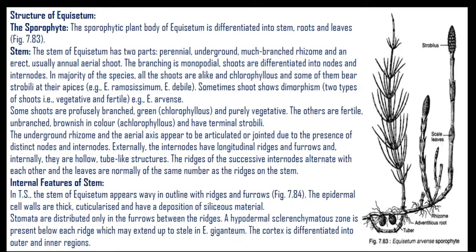Internal features of the stem. When we take a transverse section of the stem, it appears wavy in outline with ridges and furrows. The epidermal cell walls are thick, cuticularized and have a deposition of siliceous material, which can be shown in the next diagram.